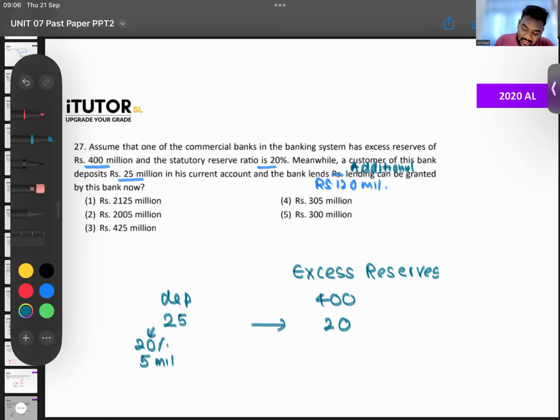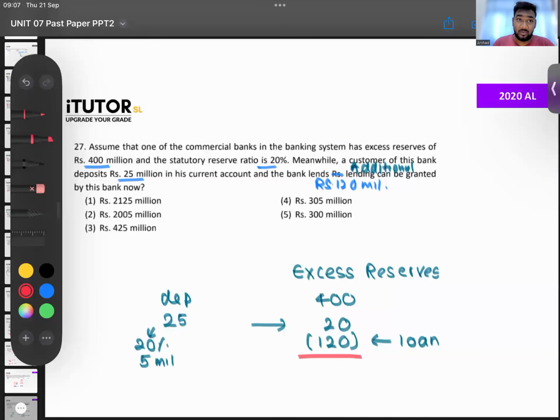Then they are saying, and a bank has also lent 120. So when you give money from your excess reserve now, they have also given a loan of 120. This is a loan. So how much of excess reserves do they have now? What is the amount of excess reserve the bank has now?